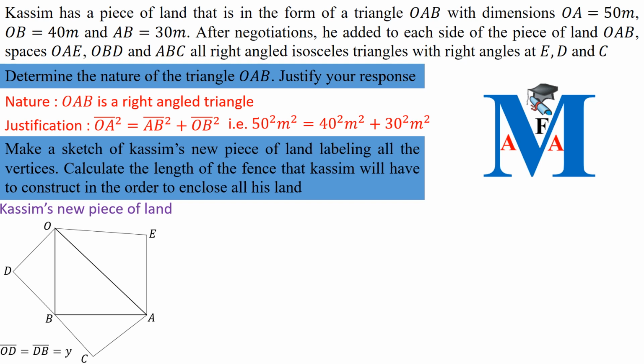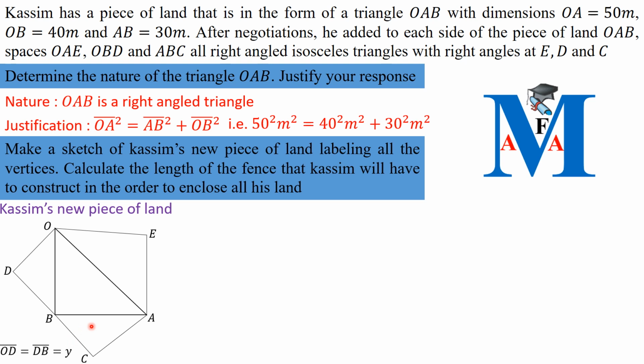Since these spaces that we added are right-angled isosceles triangles, take the first, OBD: the distance from O to D is the same as the distance from D to B because of the right angle, and the distance from O to B is the hypotenuse of that right-angled isosceles triangle.